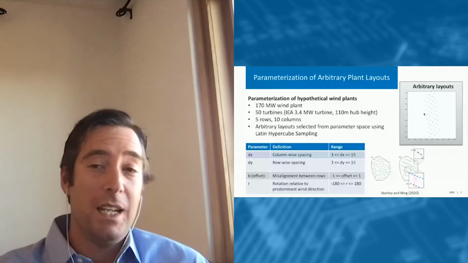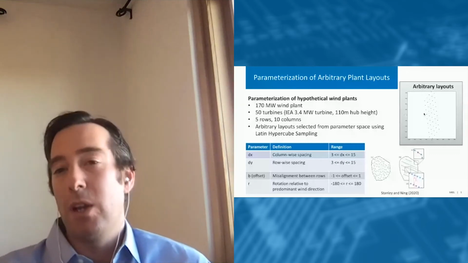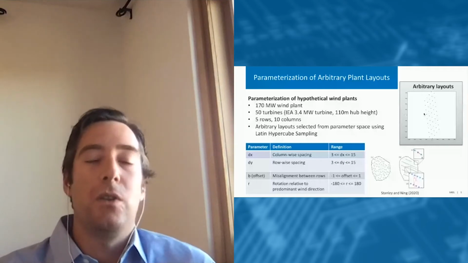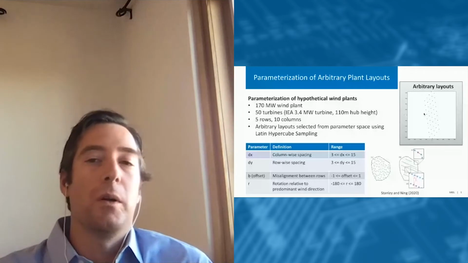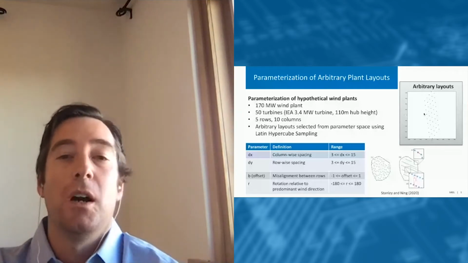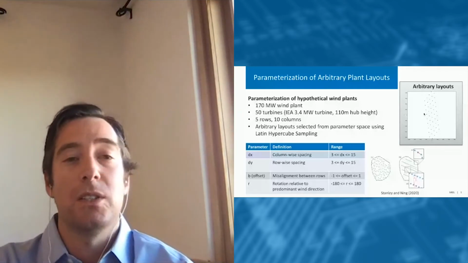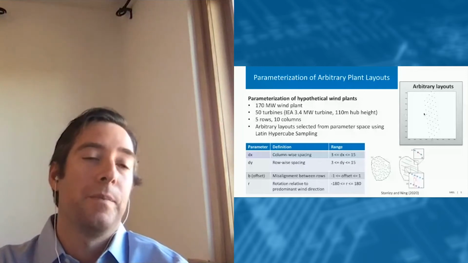And as we can see in the upper right, this produces a very rich set of layout distribution that we can then sample from and use to learn about how generalizable benefits of wake steering technology innovation might actually be.